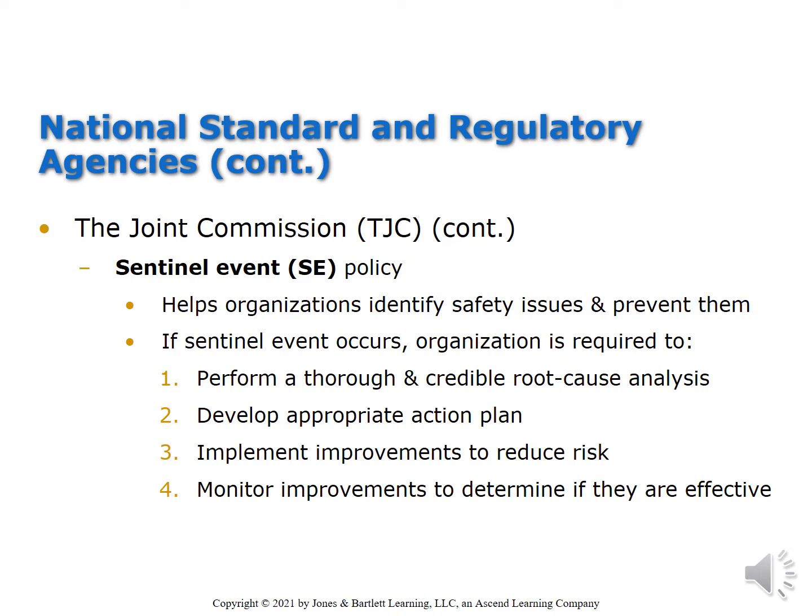If a sentinel event occurs, such as a patient falling out of bed or receiving the wrong medication, or even worse, an improper blood transfusion, the organization is required to do a few things.